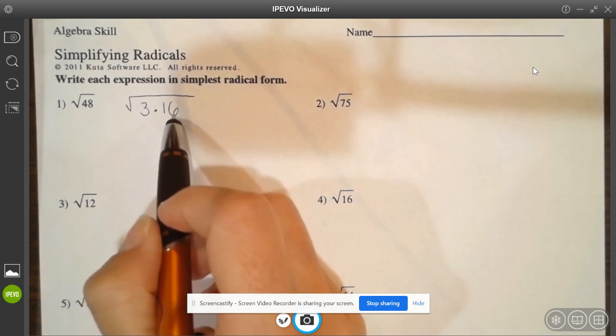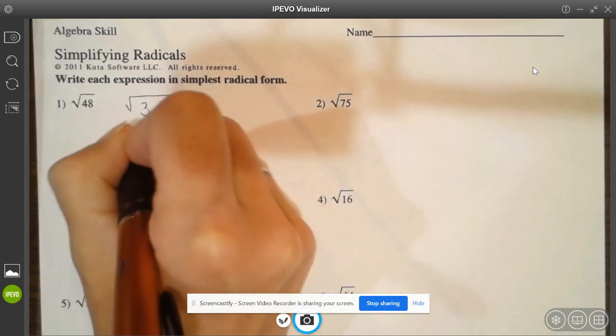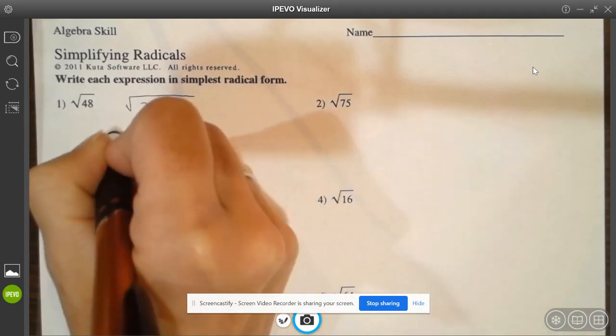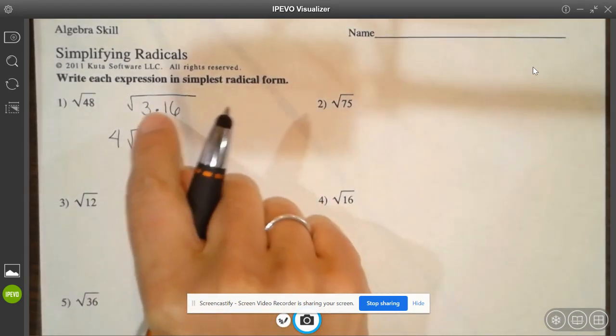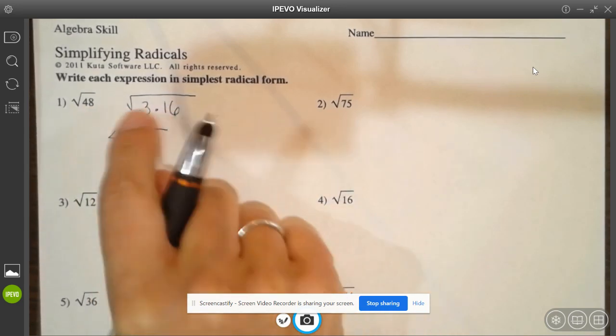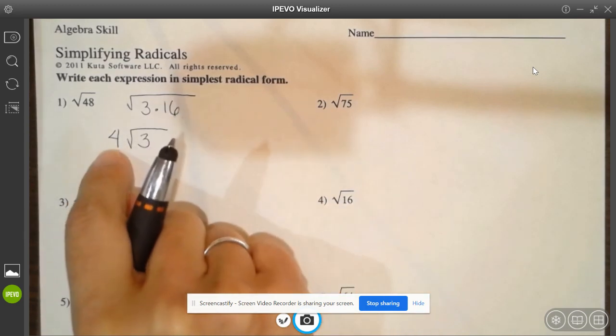So then we can simplify this number by just leaving this 3 inside and taking the square root of this one and putting it outside. Whatever you can take the square root of inside the radical, you should simplify it and set it outside.